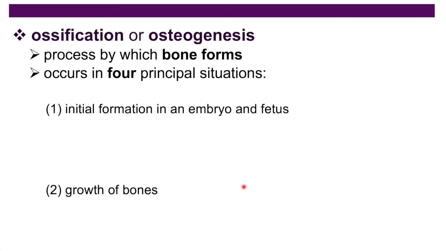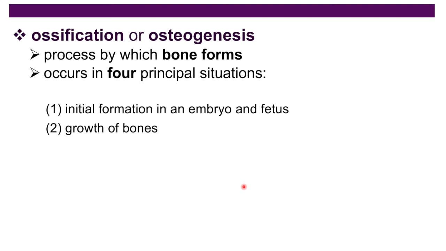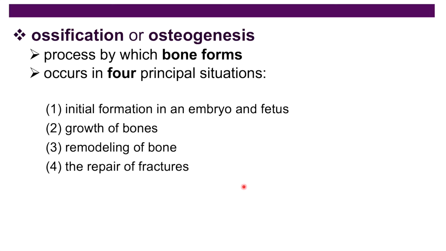It also occurs as a person's bones grow during infancy, childhood, and adolescence until their adult sizes are reached. Although a person's bones stop growing, ossification occurs during remodeling or replacement of old bone by new bone tissue. Also, ossification is responsible for the repair of fractures or breaks in bones throughout life.